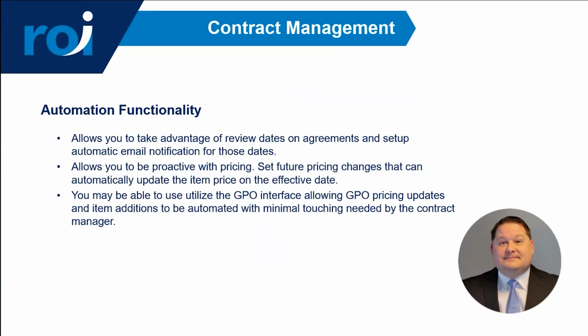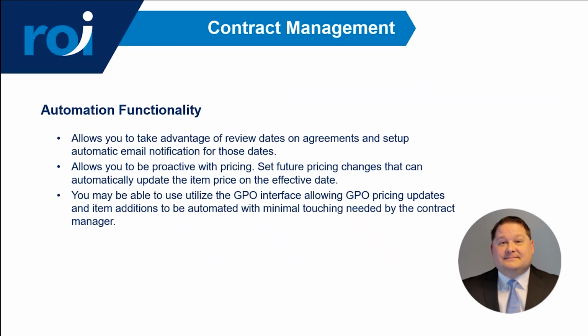And then one of the other things that's new with FSM is, in some cases, you have the ability with some GPOs, they're allowing GPO pricing updates and item additions to be automated, which requires minimal touching by the contract manager.